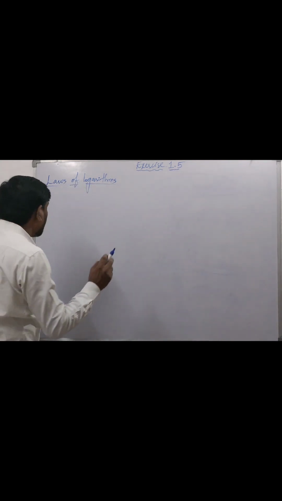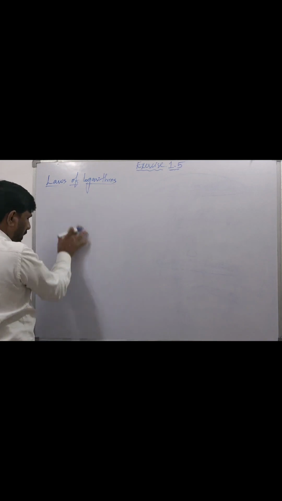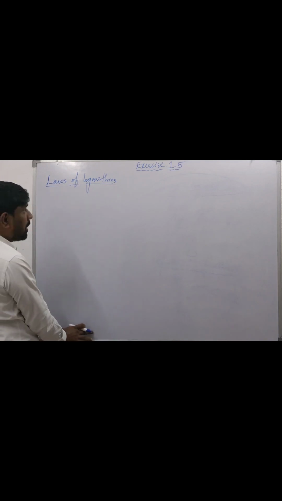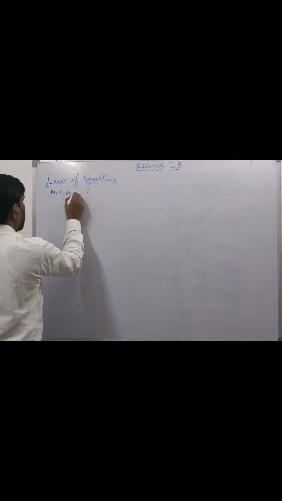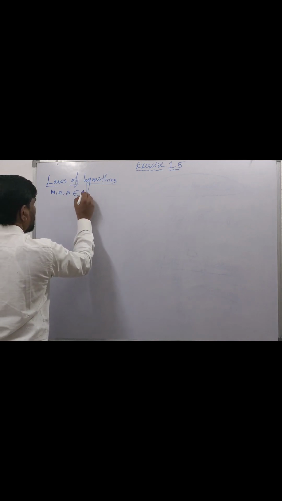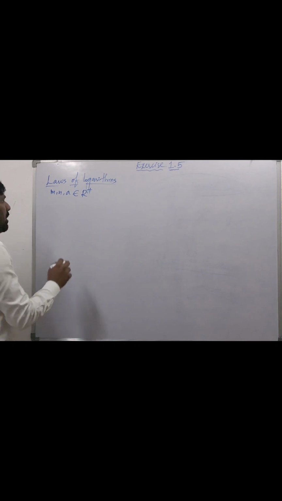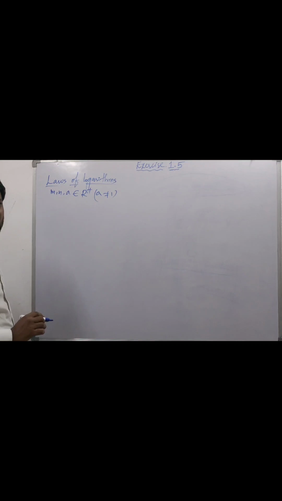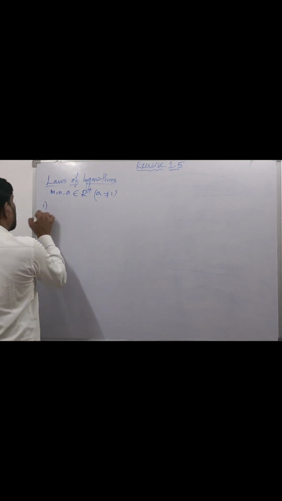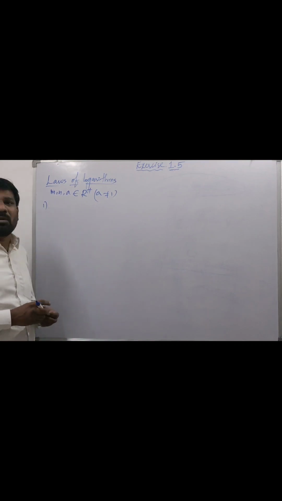For all the laws, this is the condition. Here m, n and a belong to positive real numbers R plus, and a must be not equal to 1. So the first law of logarithm, or logarithm of a product.